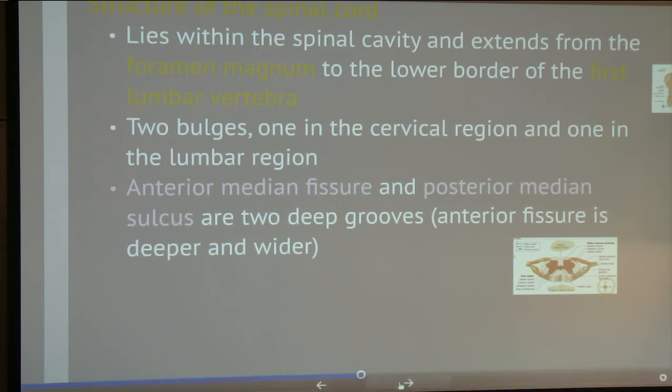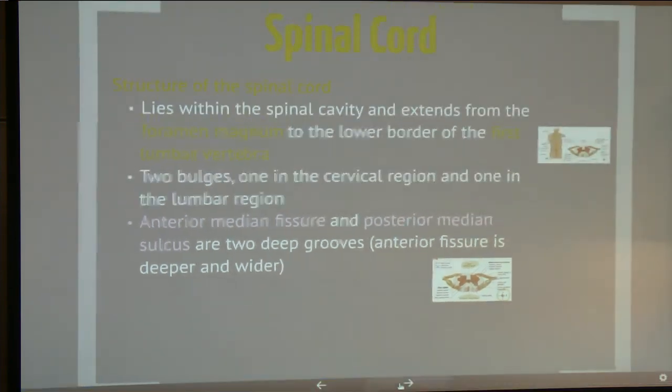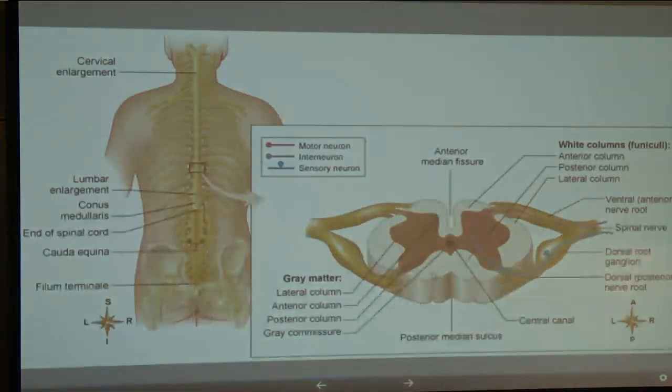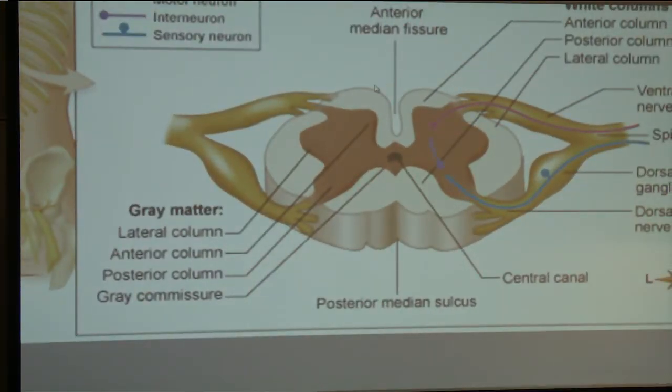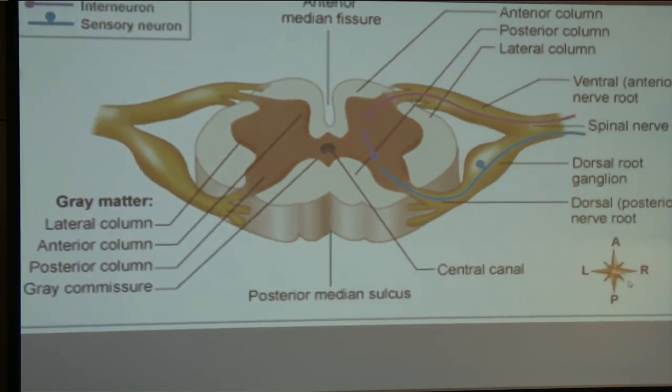So you could look at a picture like this one right here, and you can see the difference. On the anterior side, which is up here on this picture, again, access your compass rosette to see that. Anterior side, deep, wide groove, known as a fissure. Posterior side, just a thin little sulcus on the back, which is the posterior side.